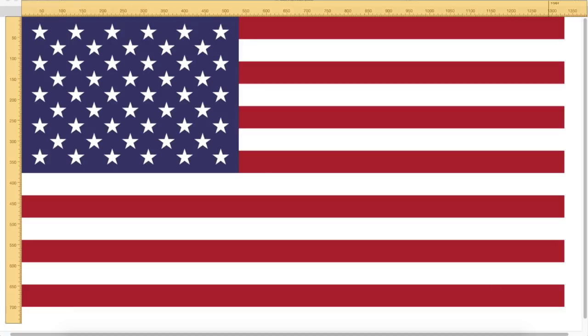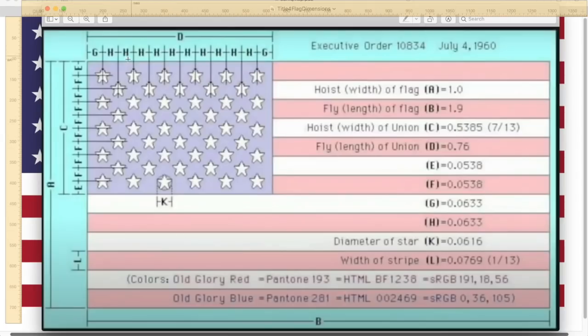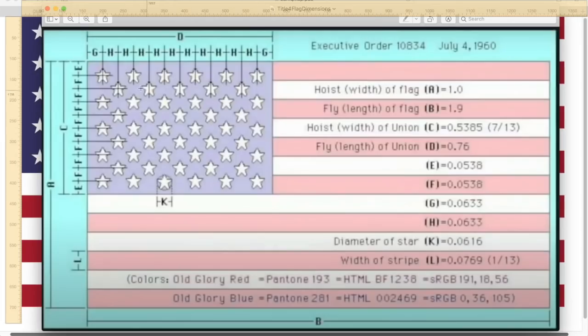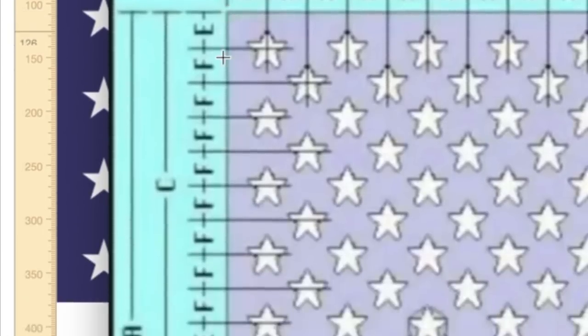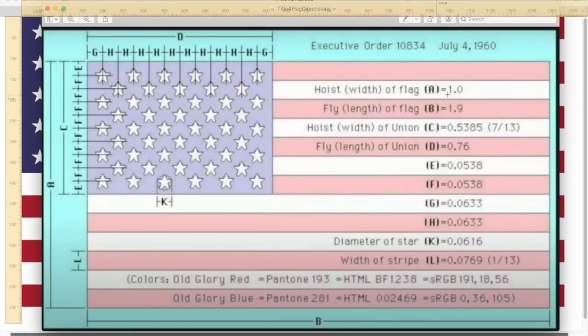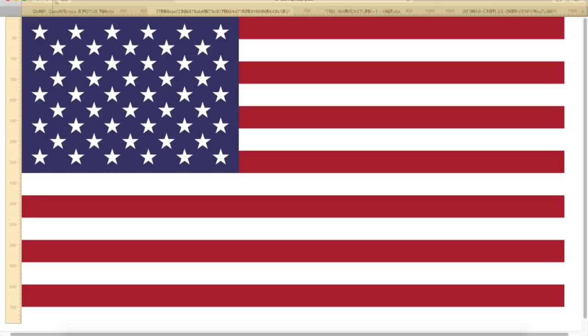Okay, so if we look at this flag, we see here that A is 1. So the flag dimensions are all based off of this dimension here, the top of the flag to the bottom. So A equals 1. So on this flag, A equals 700.